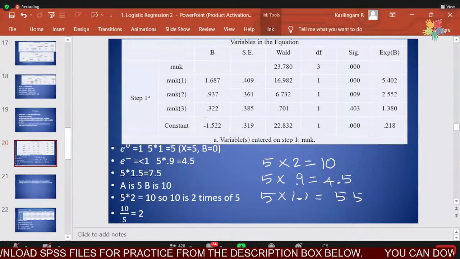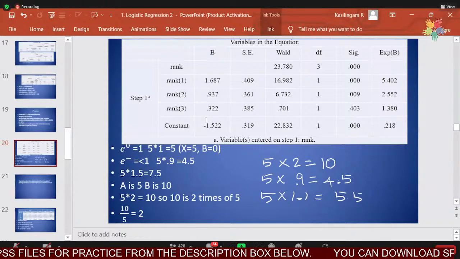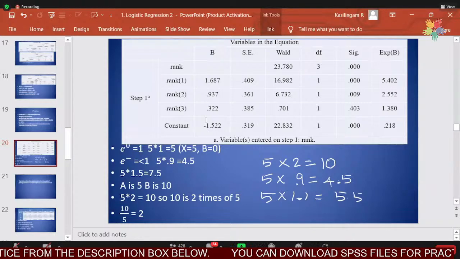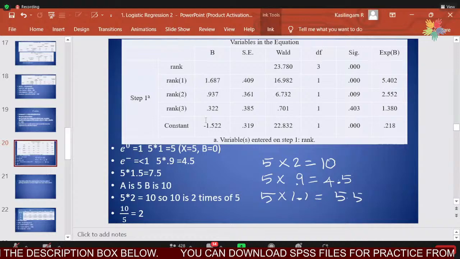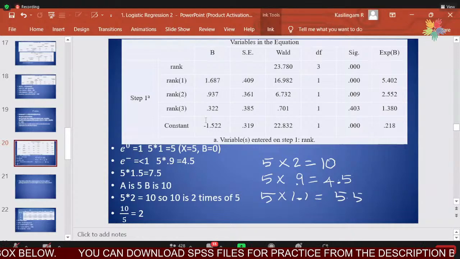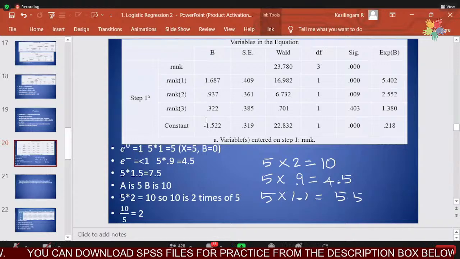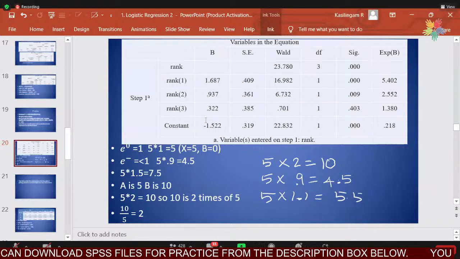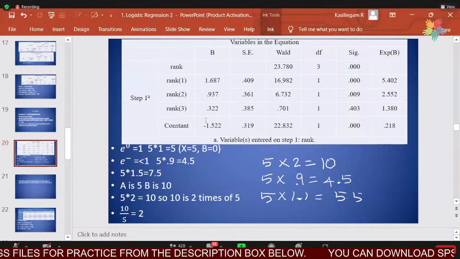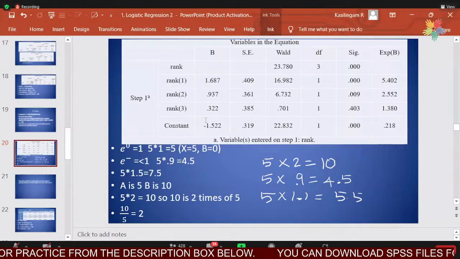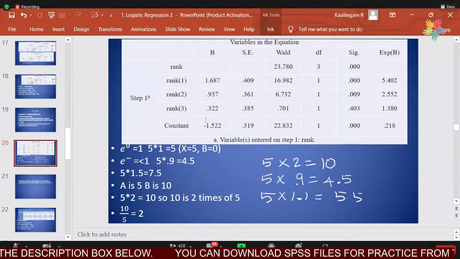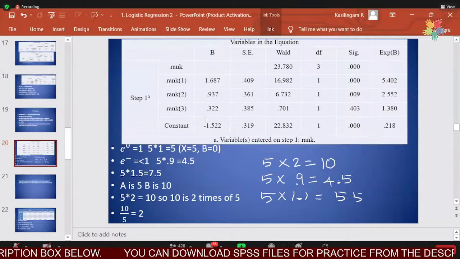So the odds of getting admission will increase 5.4 times more than rank 4. For people who have studied in a rank 1 institution, their odds of getting admission is 5.4 times more than the people who have studied in a rank 4 institution.